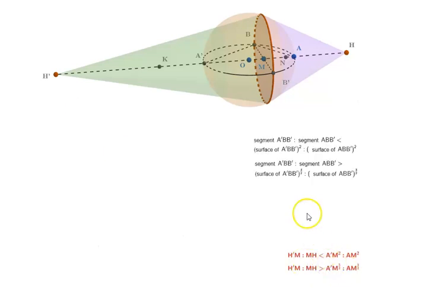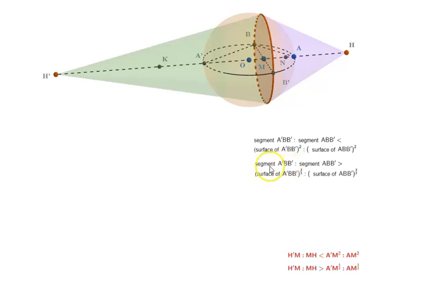And we should not forget that by proving this, what we have actually proved is that the ratio of the volumes of the spherical segments A'B' and AB' is less than the ratio of the surface of A'B' square to the surface of AB' square. That is, the ratio of the volumes of these spherical segments is less than the ratio of the surface area squares of these two segments.